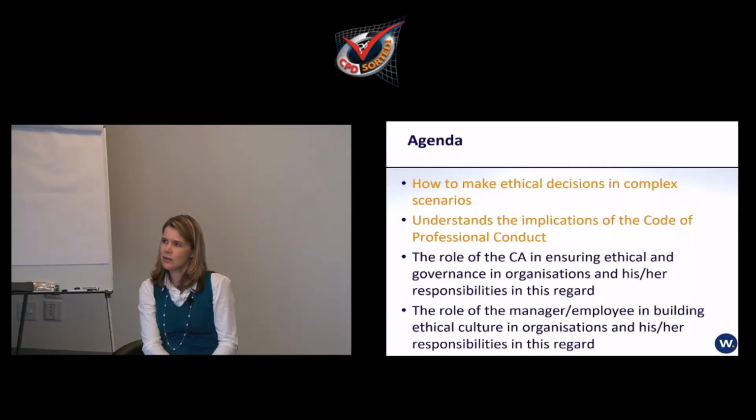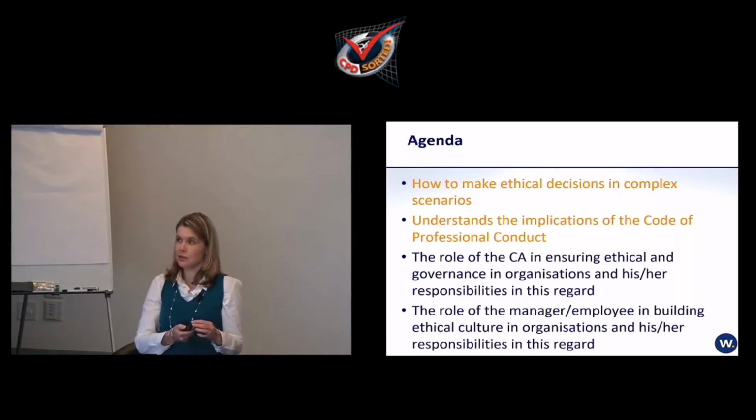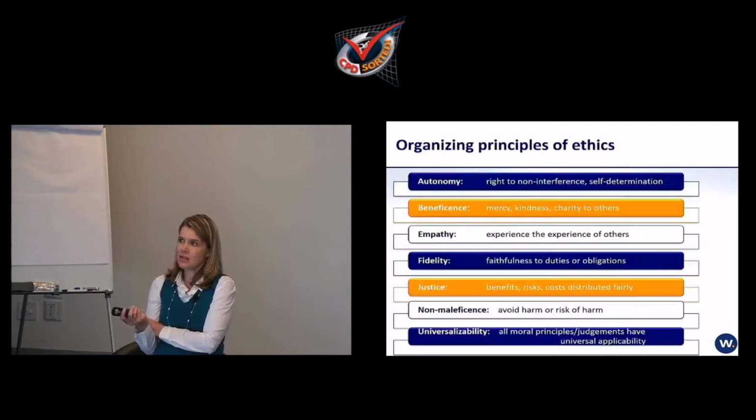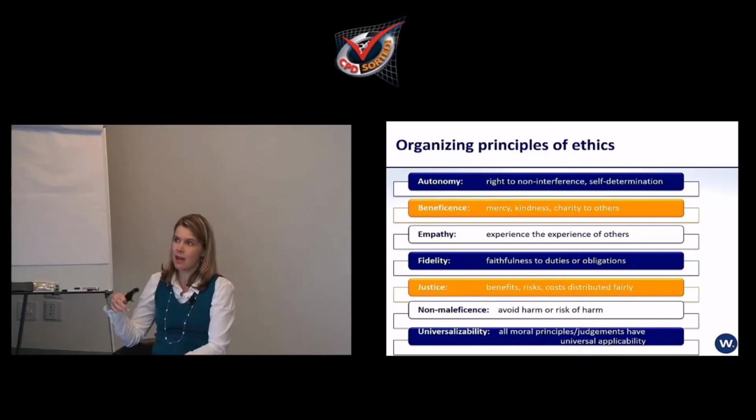Okay, so what we're going to look at now is how to make ethical decisions in complex scenarios and understanding the implications of the code. What we discussed briefly before we realized there was no one in the room was the various ethical principles, and we spoke earlier this morning about principles and what's important and what's worth following.